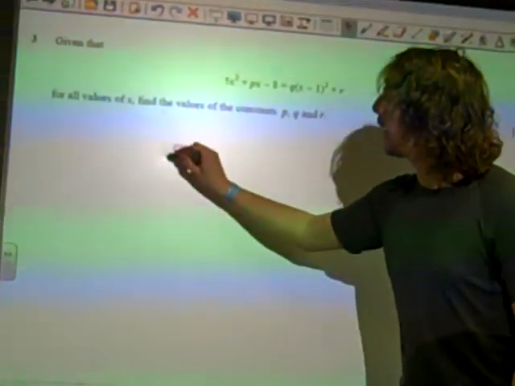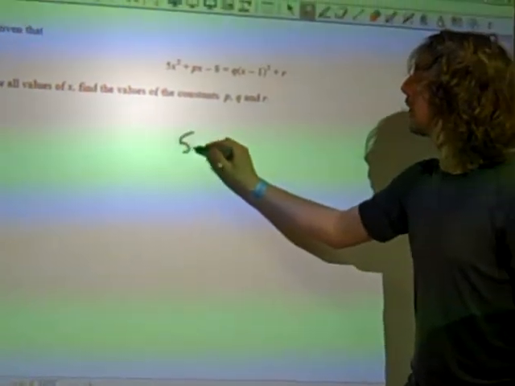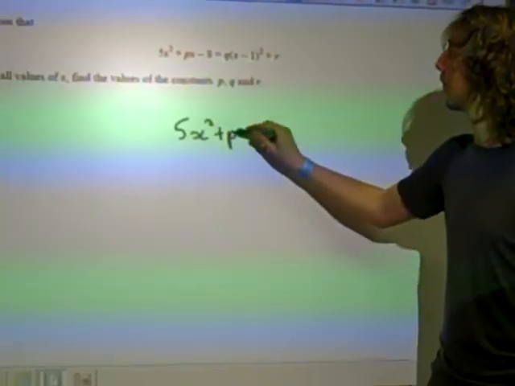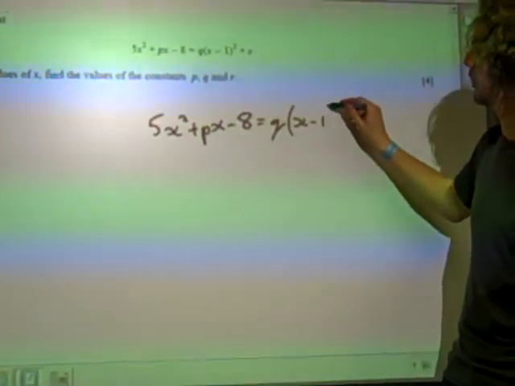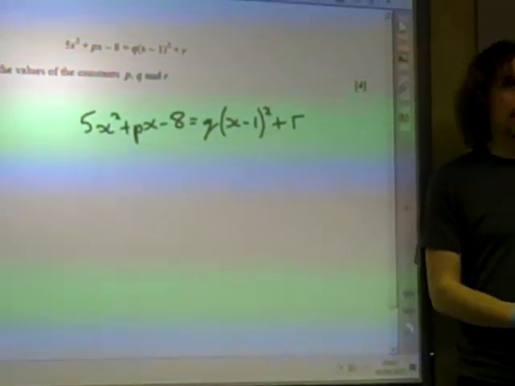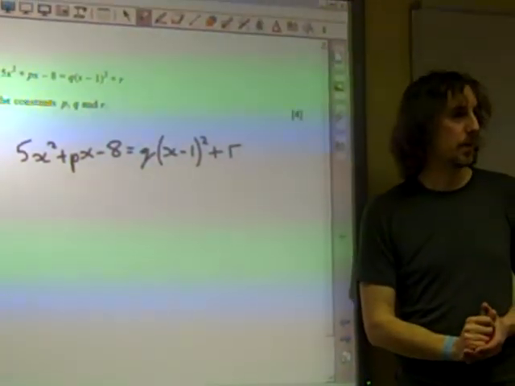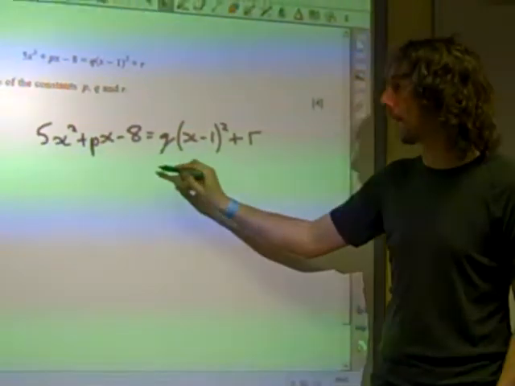So if we think about what we're doing with this, I think the easiest way to do this is to take that right hand side and to multiply it all out and then compare the coefficients.